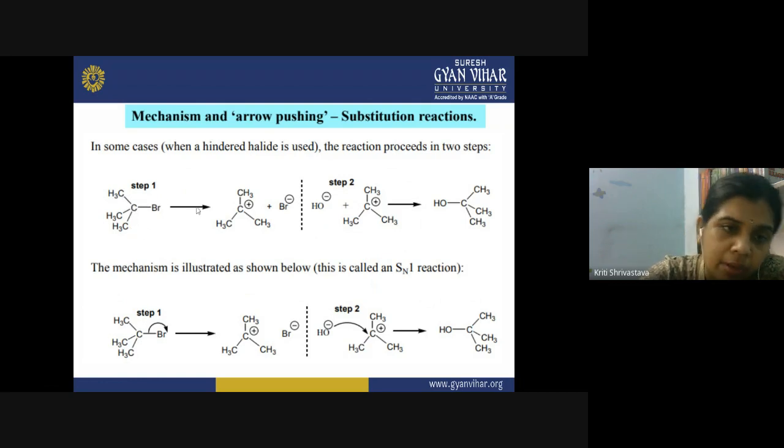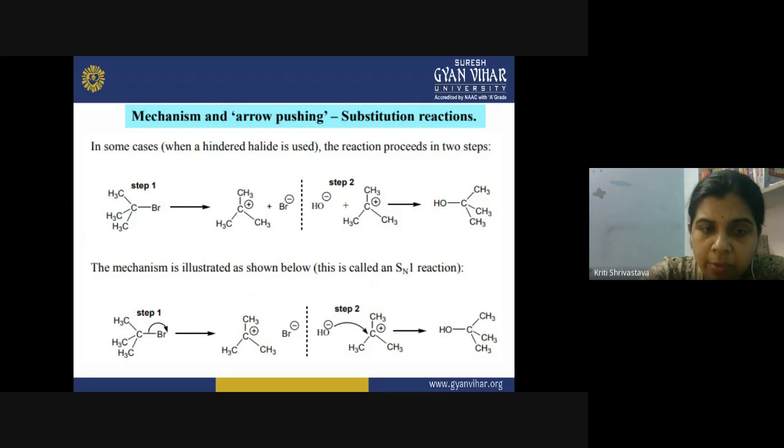Now when the OH minus attacks this molecule, what will happen? It cannot go even from the backside, because these three bulky methyl groups are surrounding the carbon from all over the place. So it is not possible for the OH minus to attack on the backside of the carbon, and neither from the front side of the carbon.